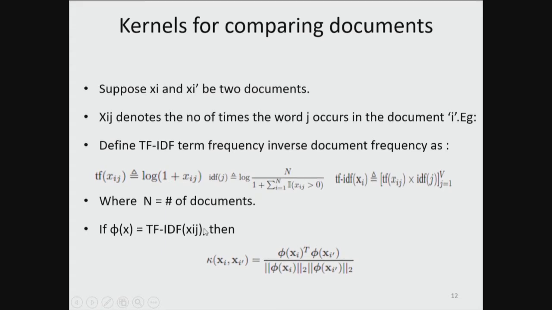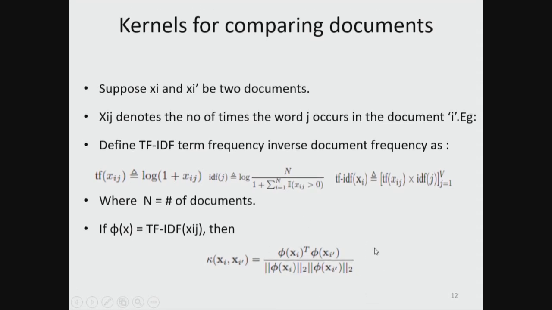That means we have phi of x corresponding to x and phi of x dash corresponding to x dash. Then the kernel on the arguments xi and xi dash is denoted by the dot product of phi of xi and phi of xi dash divided by the norm of phi of xi times the norm of phi of xi dash.